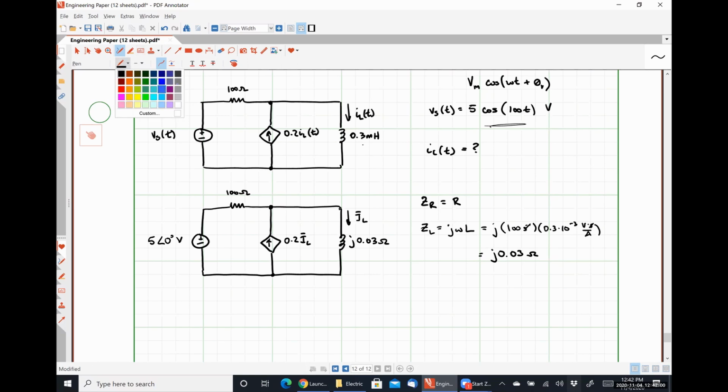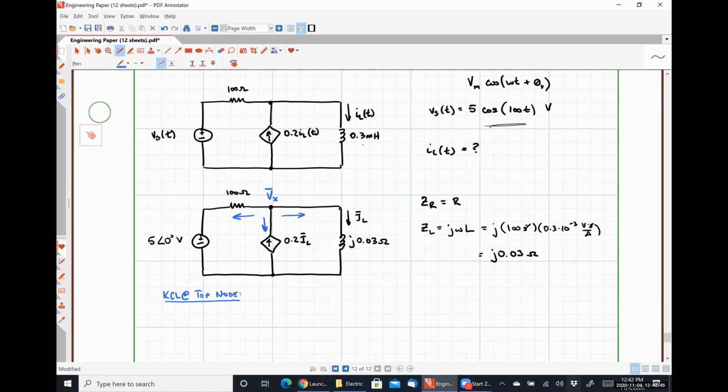So if we did Kirchhoff's current law at this top middle node, where let's call this unknown voltage Vx, we could come up with a single equation with that single unknown voltage Vx, which would allow us to solve for the current flowing through the inductor using Ohm's law in one more step.